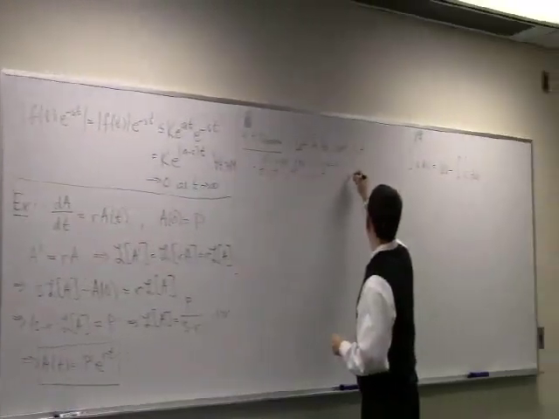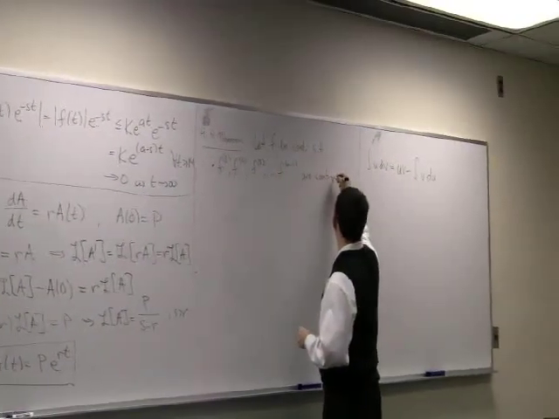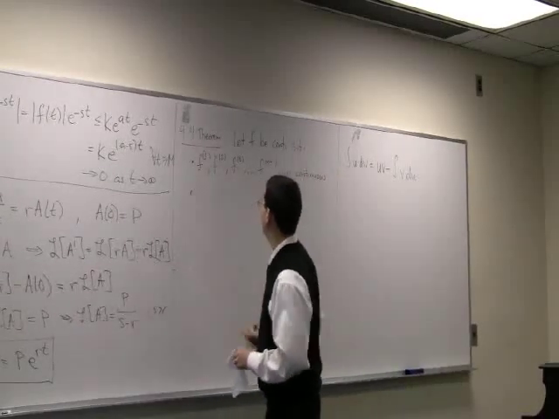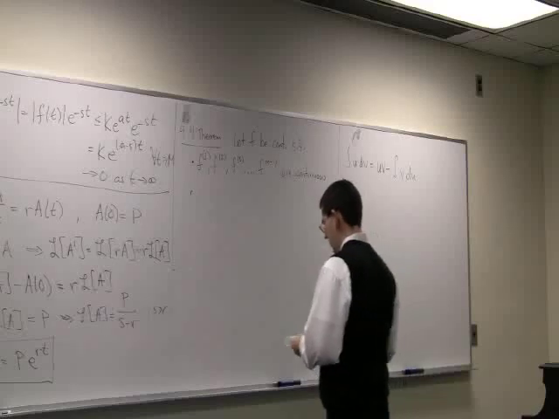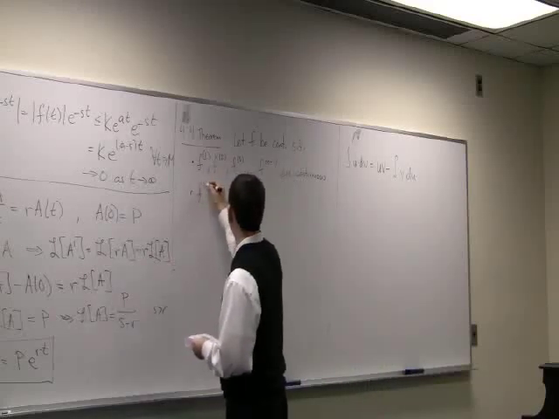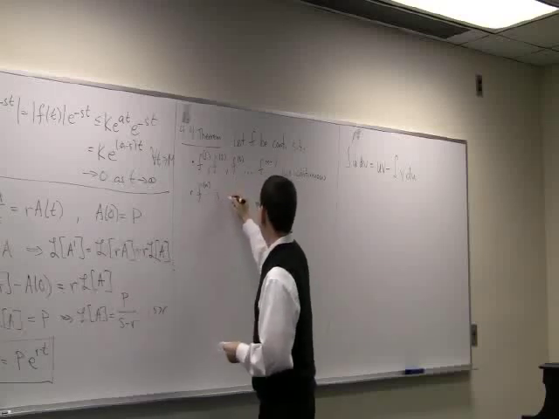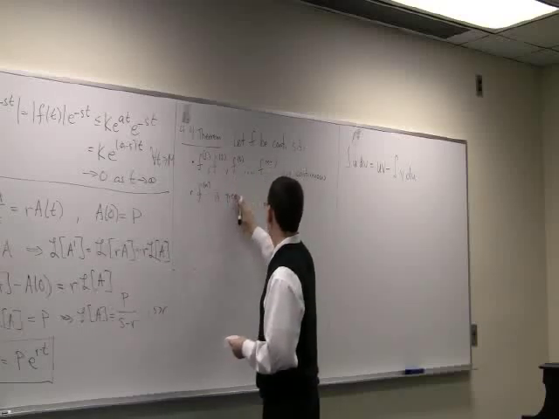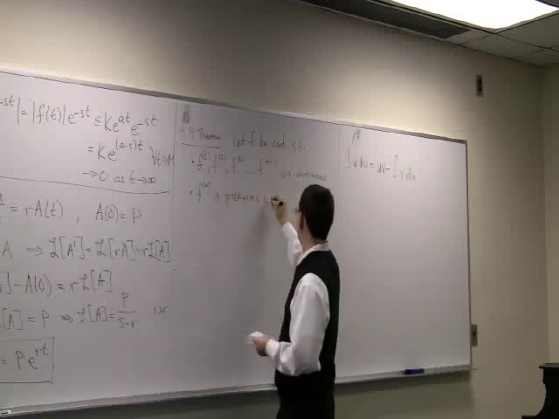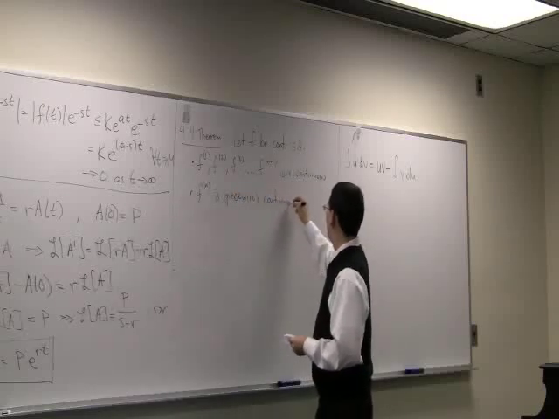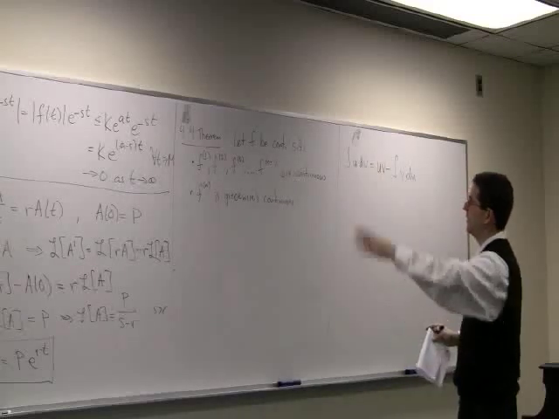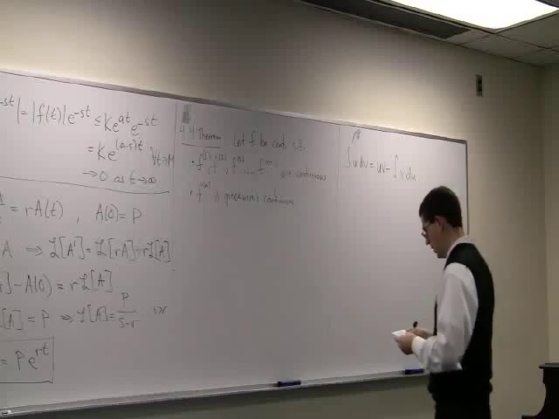So these are continuous. The second thing is that the nth derivative is piecewise continuous, although we're only going to treat the case where it's honest to goodness continuous. Well, we only proved it for 1 in that case.